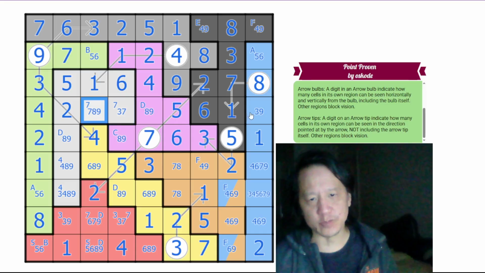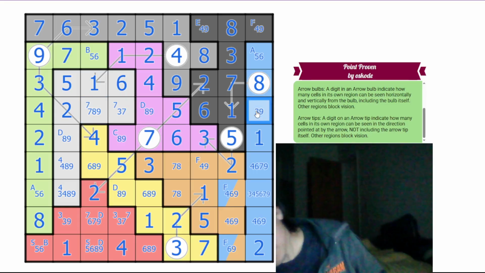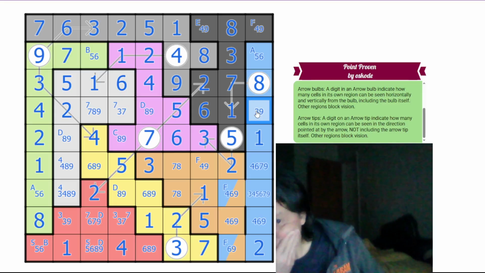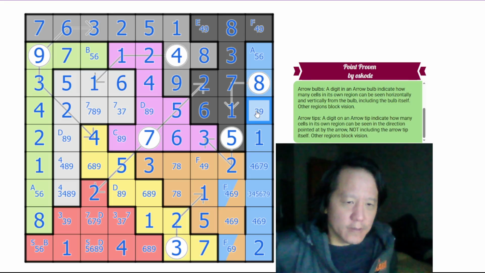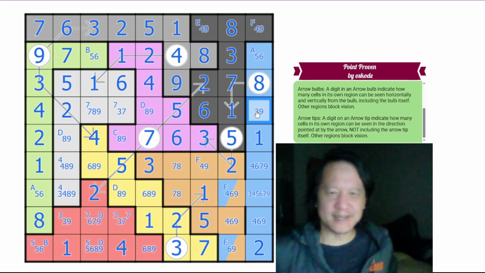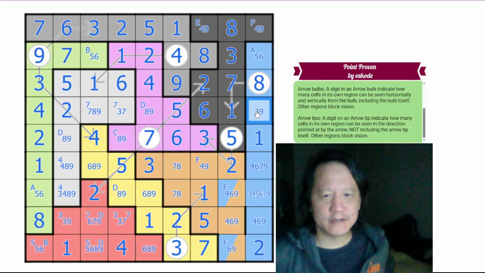C has to be one of these two, but that doesn't really help us much. I guess we just have to go down a path. I don't know. Not really liking that strategy.